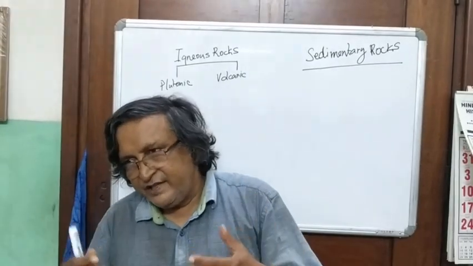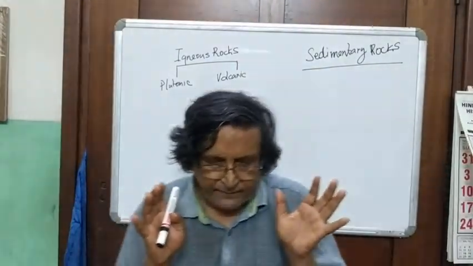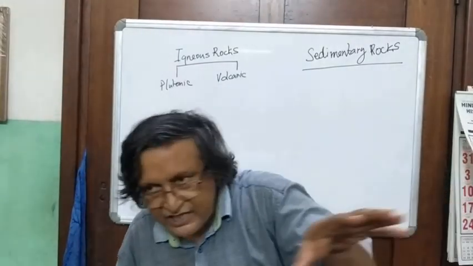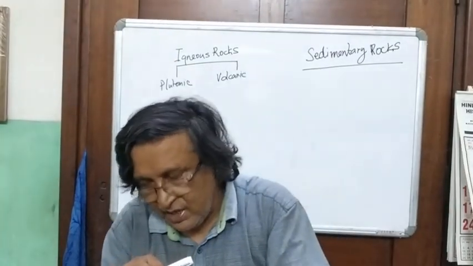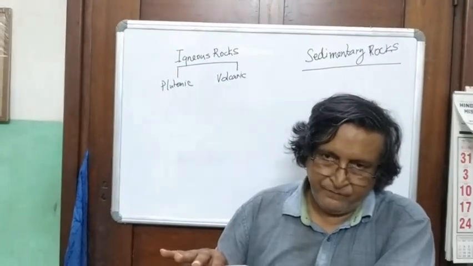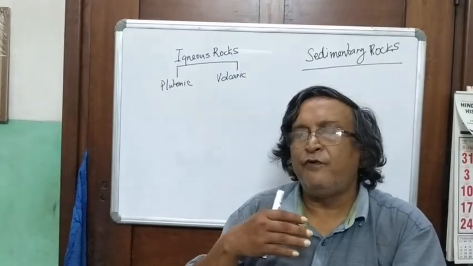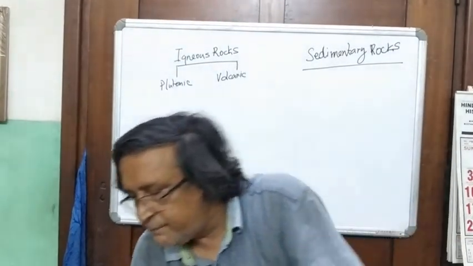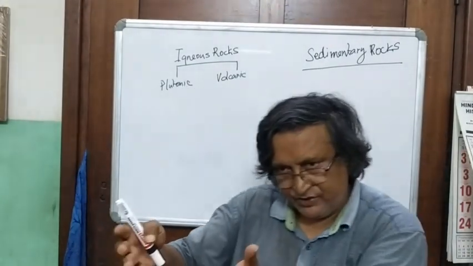There are different names, but you must try and understand this, that sediments are deposited on the surface of the earth because of transportation by air, wind, and water, and deposited at a particular place. Normally, for glacial sediments and for sediments that are driven by air and water, they are deposited in a low, in a trough.